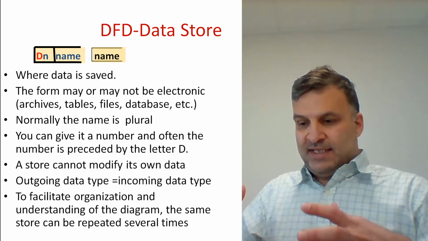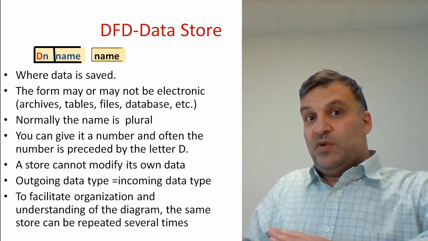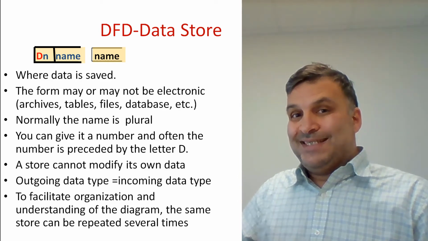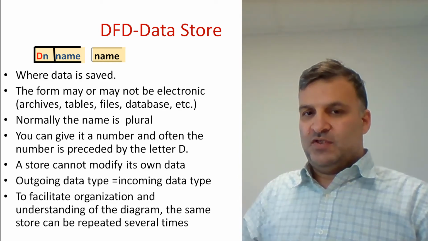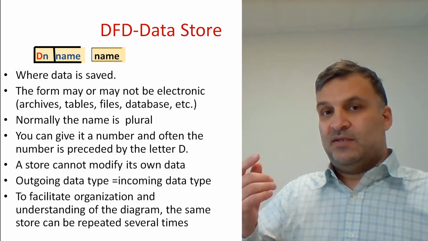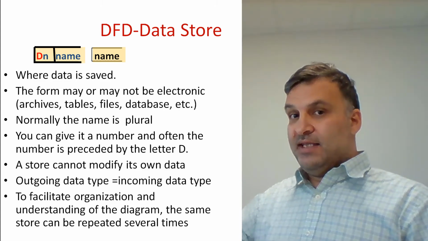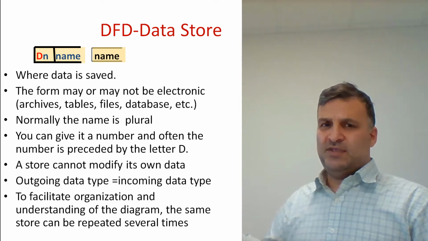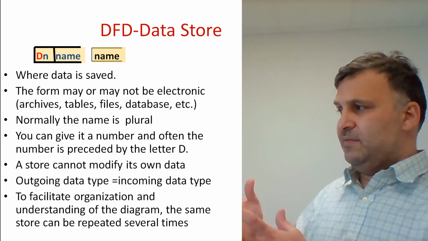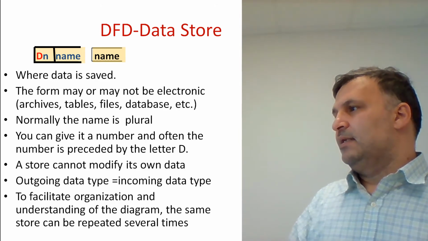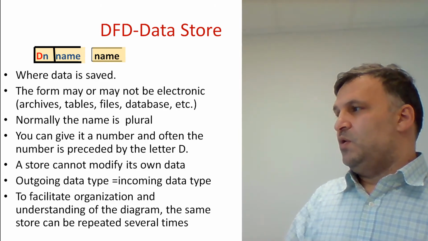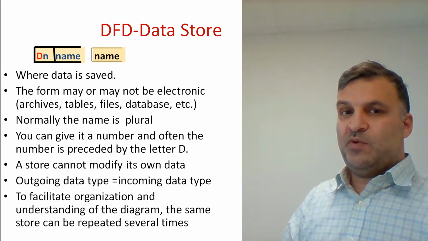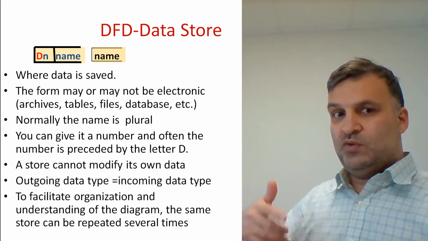That is because, for example, when we have an archive for students, we have a lot of students. But most of the time the data flow is singular, and the data store is plural. Usually it has a number, preceded by the letter D: D1, D2, D3, etc.